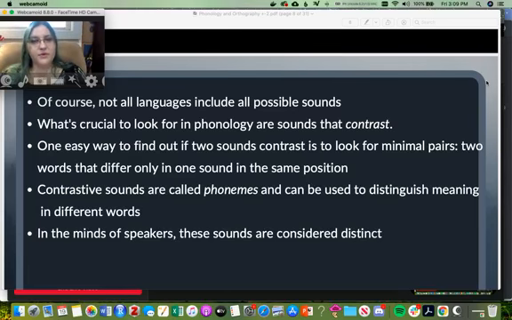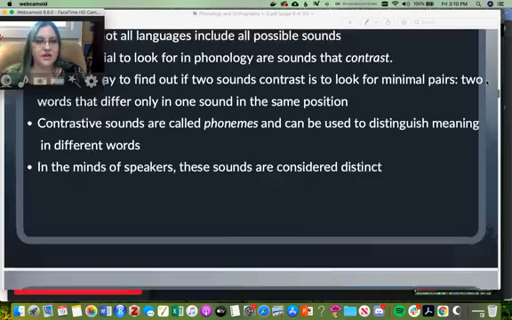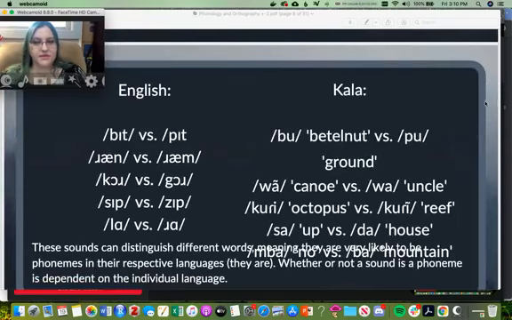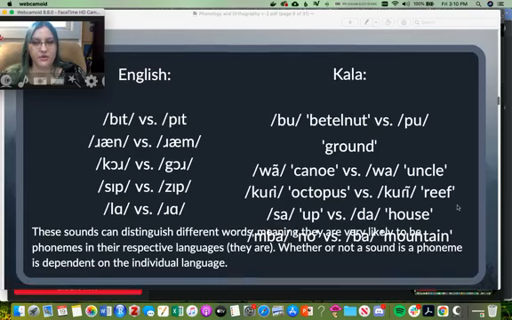And phonemes are going to be sounds that, in the minds of speakers of the language, are considered distinct. They're considered meaningfully different. So what are some examples? Well, here are some examples in both Kala and English.